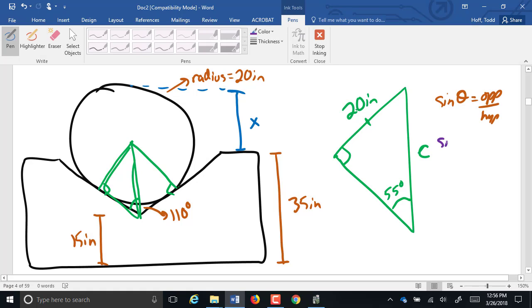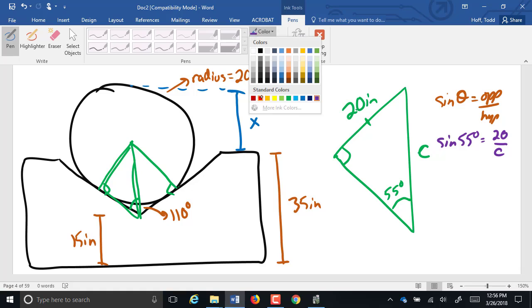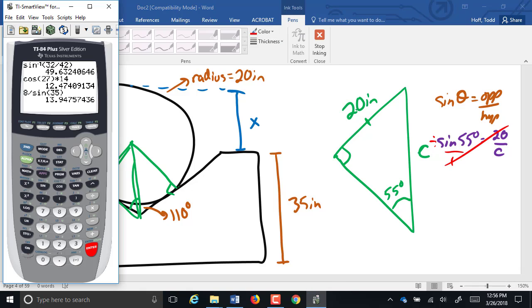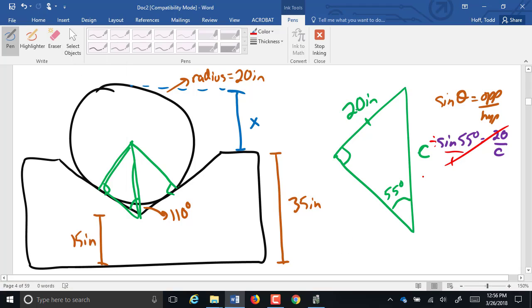We know the angle of 55 degrees. Opposite of 20 inches, we're looking for the hypotenuse. So 1 times 20 divided by the sine of 55 gives us 24.42 inches.